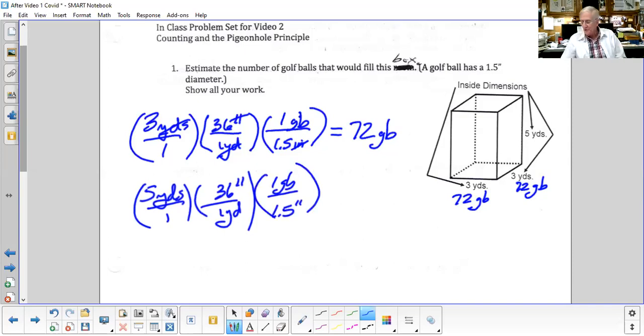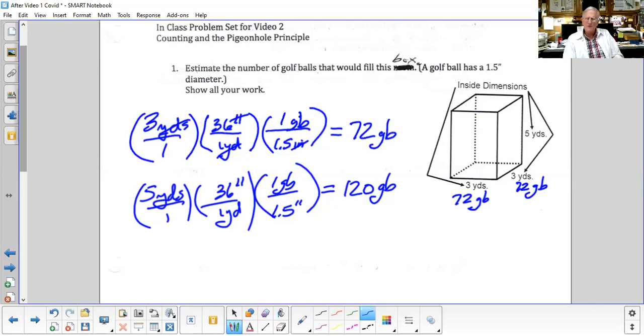So what I will do here is 5 times 36, and I divide it by 1.5, and I find there would be 120 golf balls stacked on top of each other on each of the golf balls that fill up the bottom.